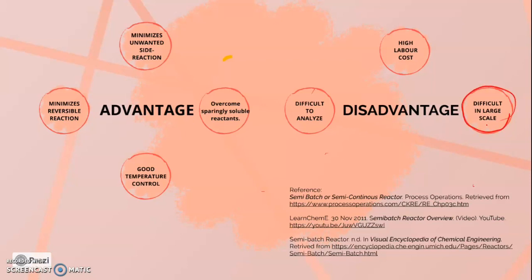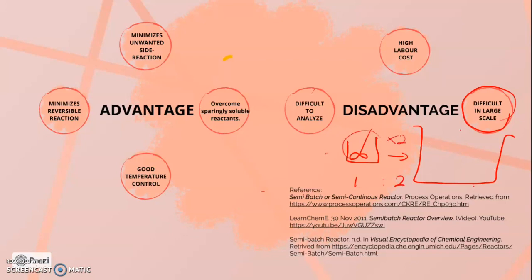It's difficult on a large scale, because batch reactors and semi-batch reactors are always done on a small scale. If you want to scale it up, it's not as easy as multiplying by 2. All the calculations that you did for the small scale, you can't just multiply by 2 if you want to make it two times bigger.